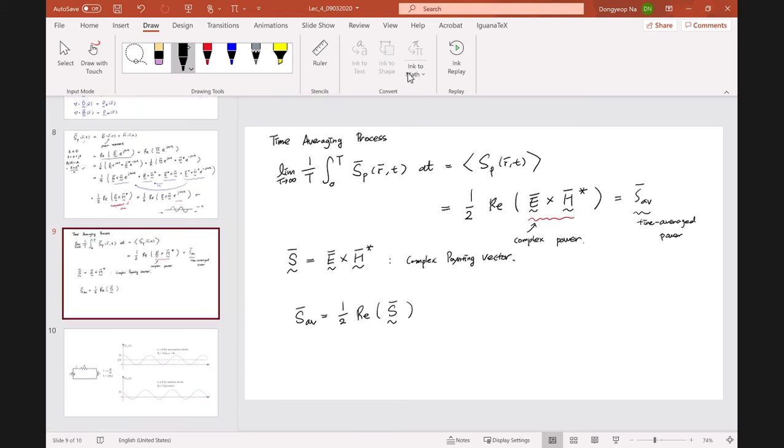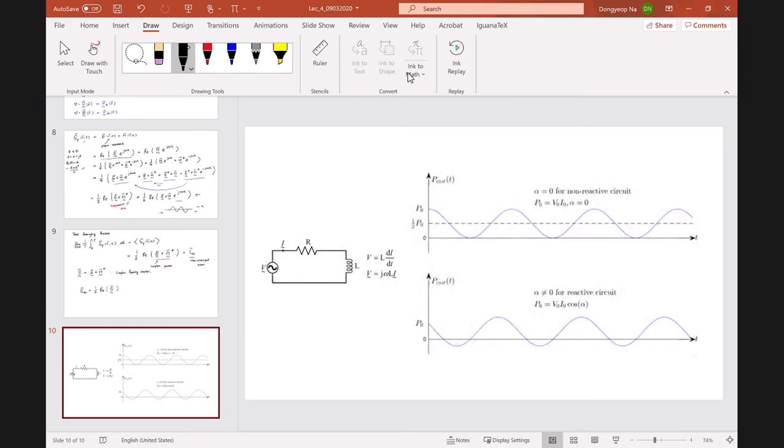To understand this complex Poynting vector, it would be better to see what happens in circuit theory. If we look at the left figure, we have a source on the left, and a resistance and also inductance on the right.